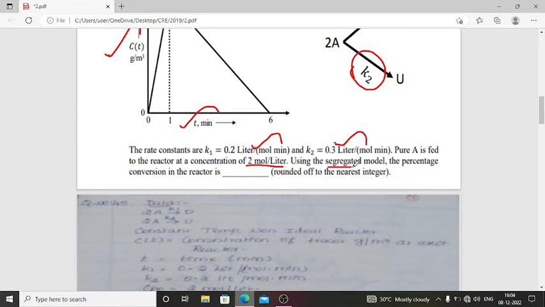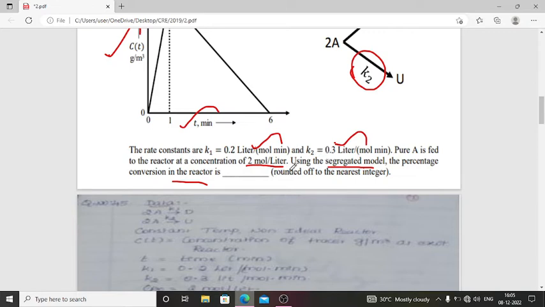Using the segregated model, the percentage conversion in the reactor is. The objective of this problem is to determine the percentage conversion in the reactor. After calculating the value, we have to round off to the nearest integer.